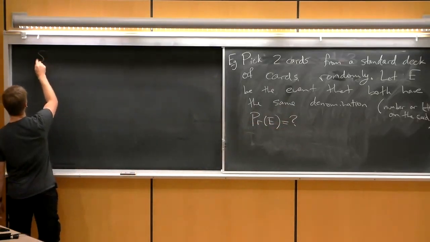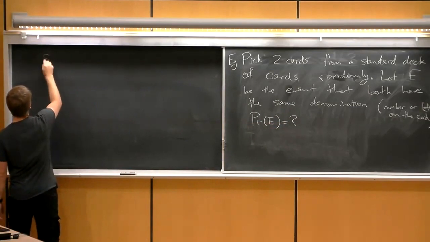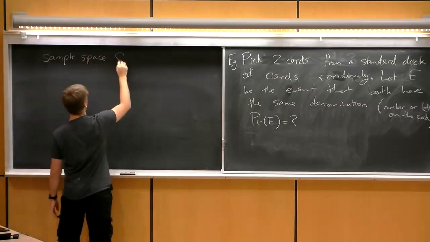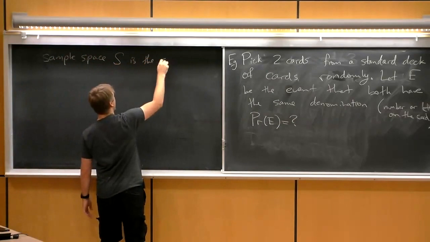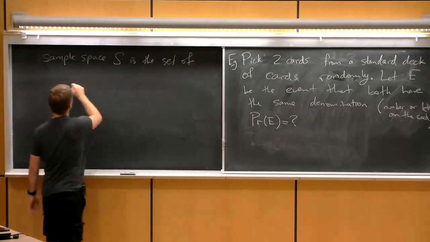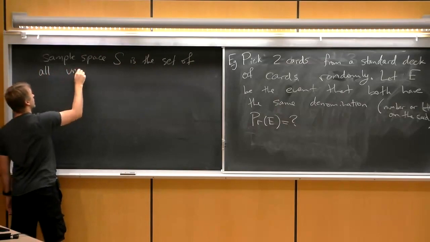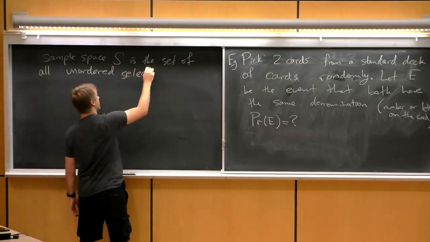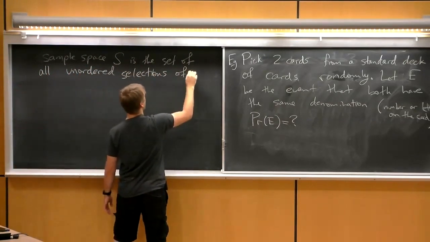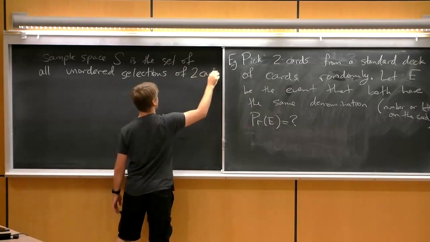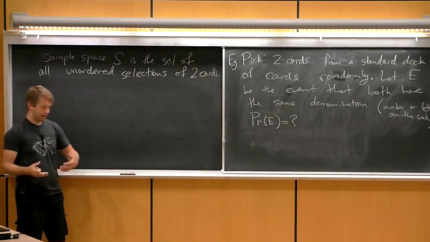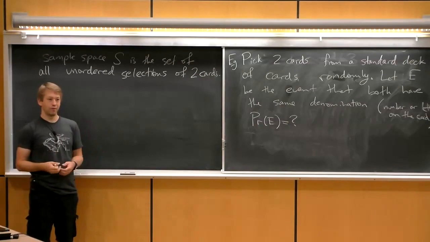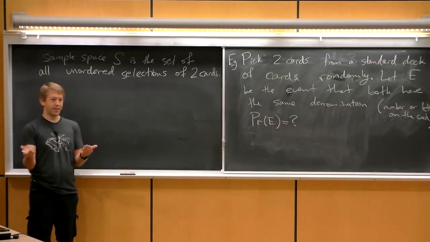So I'm going to say that my sample space S is the set of all unordered selections of two cards, meaning it's just all the ways to pick two cards, and I don't care which order I pick them. So two of clubs, three of diamonds is the same as three of diamonds, two of clubs.